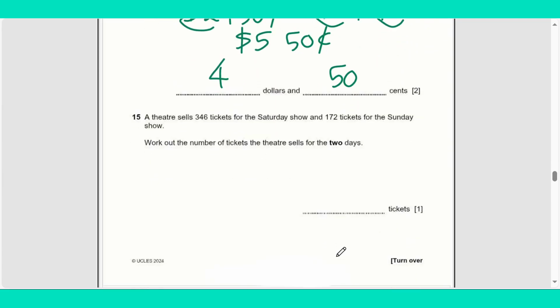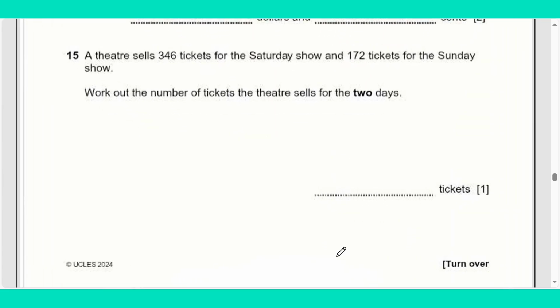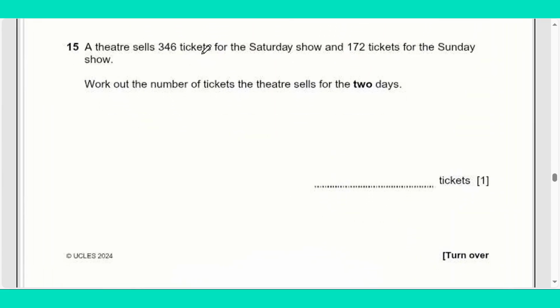Let's move on. Now a theater sells 346 tickets for the Saturday show and 172 tickets for the Sunday show. Work out the number of tickets the theater sells for the 2 days. Okay, the answer is 518.